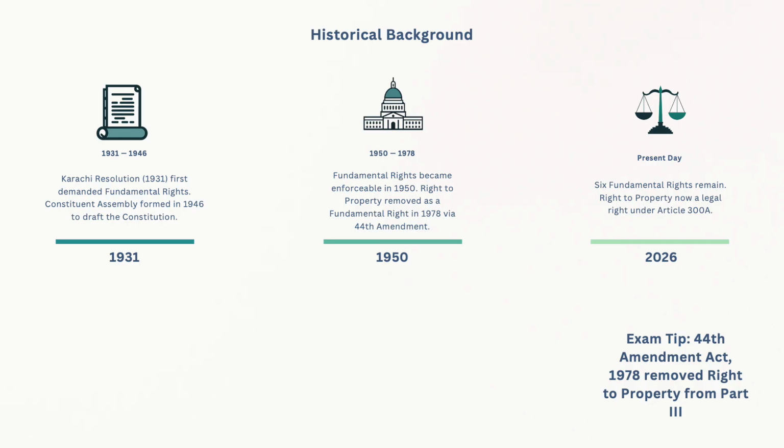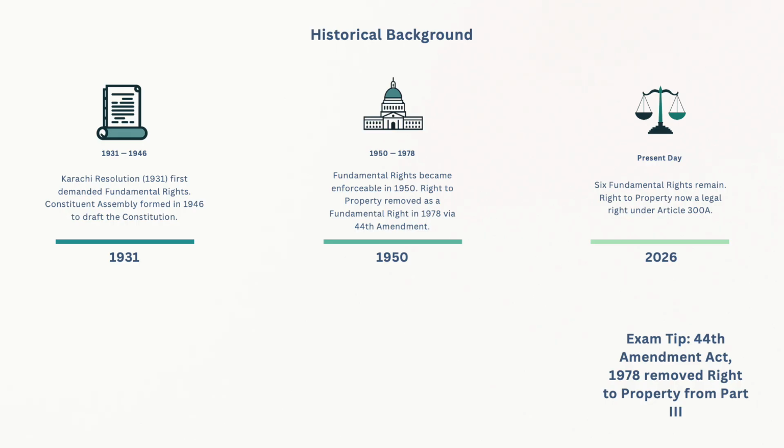So we're talking about the historical background, what happened before the Constitution and during the enactment of the Indian Constitution in 1950. Fundamental rights became enforceable in 1950, and at the moment right now, 6 fundamental rights remain. Back then we had right to property.